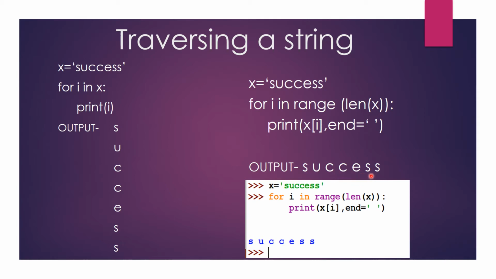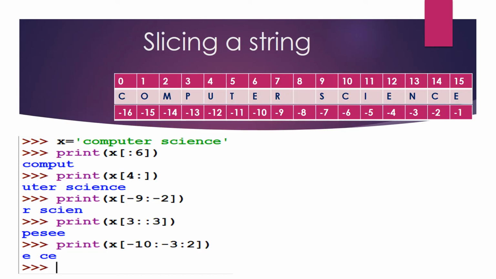Suppose we have given one space; after printing s, one space will come, and again the next value of x will be printed, that is s space, then u, then c, and so on.